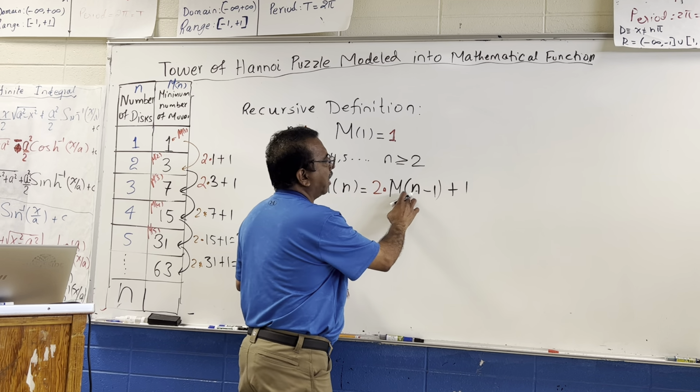But then, can we write the explicit definition? Sorry, this was the recursive one. Now we need to know what is the explicit definition, or you can say the nth term, without using the previous, but using the very first one. Using the first one, how do these numbers show up?